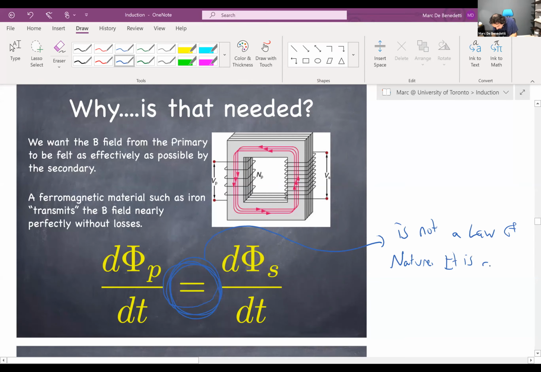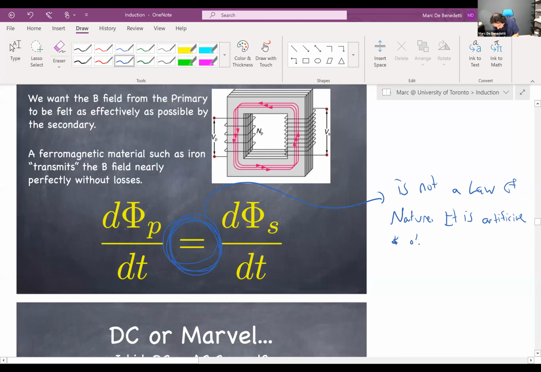It is artificial and obtained by design, by design with the iron core. Okay, so that's the premise.